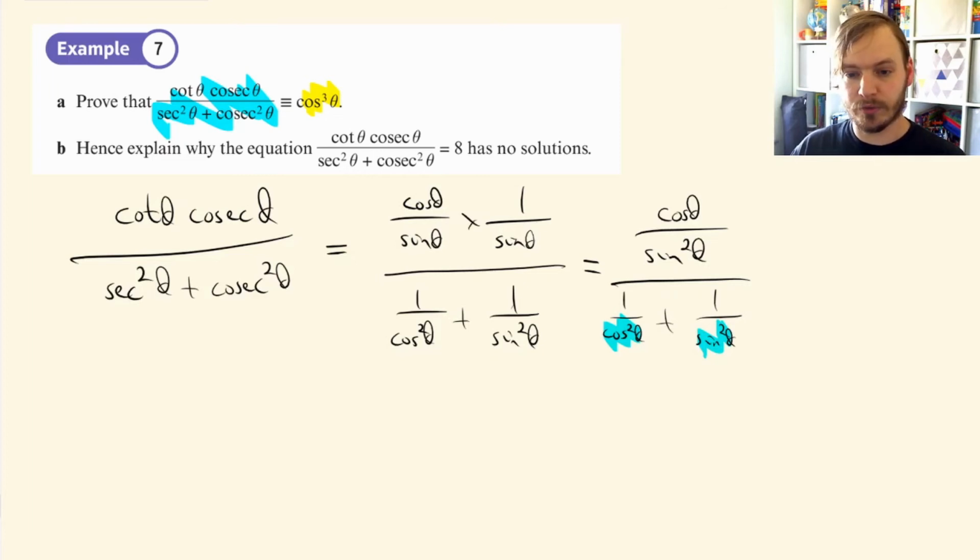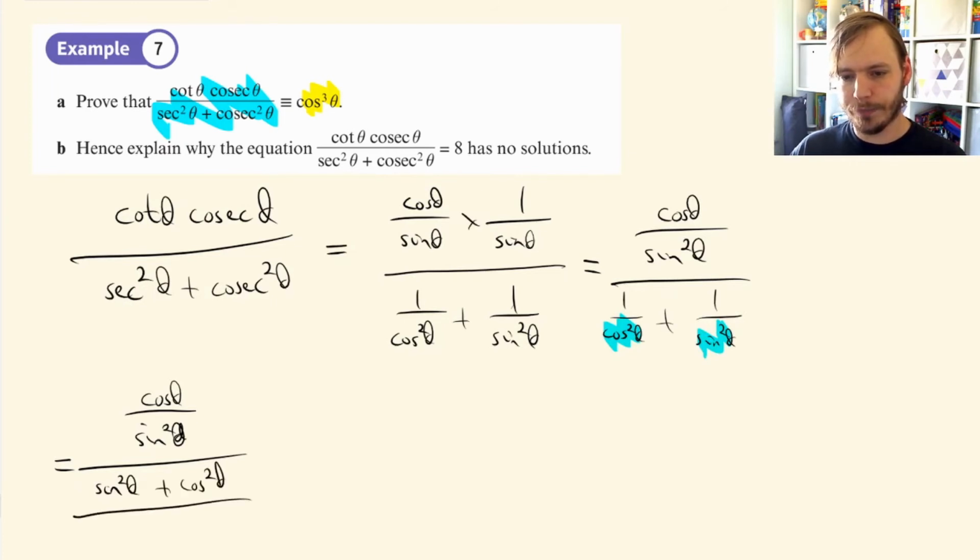So this is going to still have cos theta over sine squared theta in the numerator, but in the denominator we're going to end up with sine squared plus cos squared all over sine squared multiplied by cos squared. Okay, I've timesed one of them by sine squared top and bottom, and the other one by cos squared top and bottom.